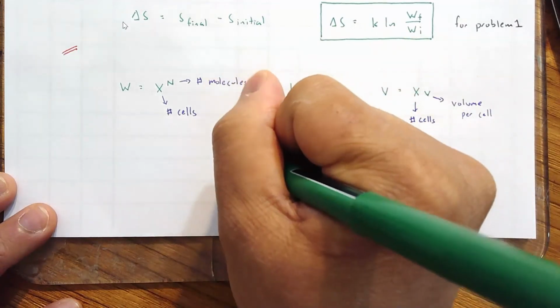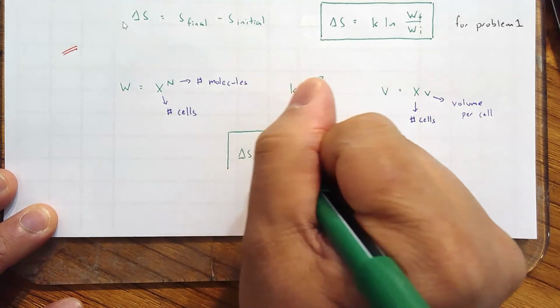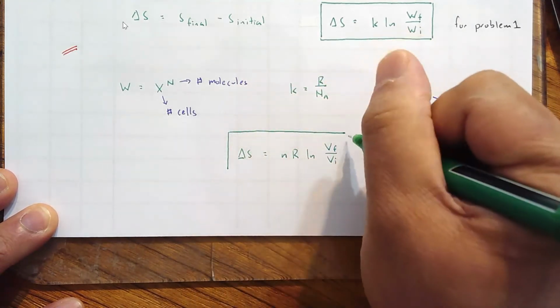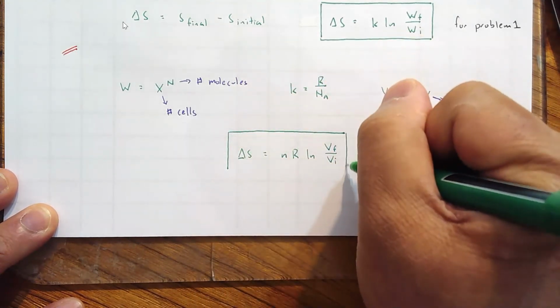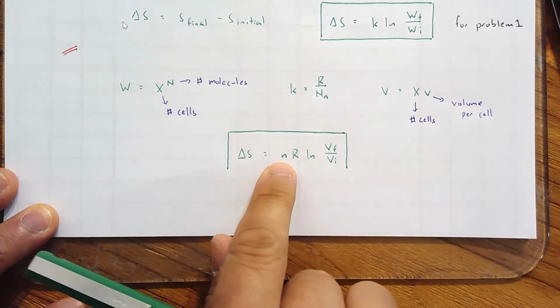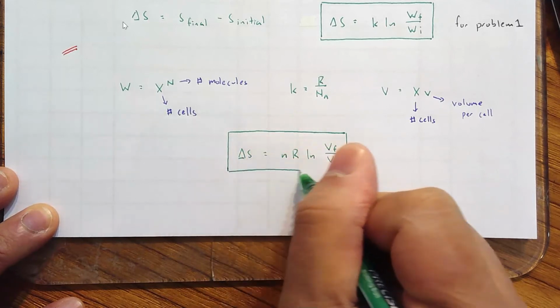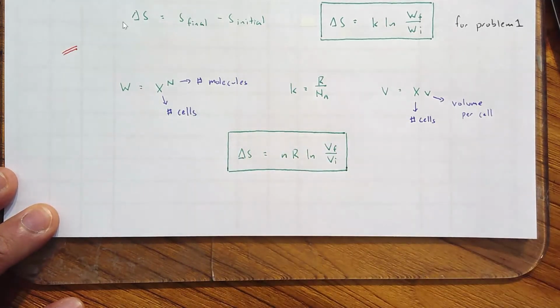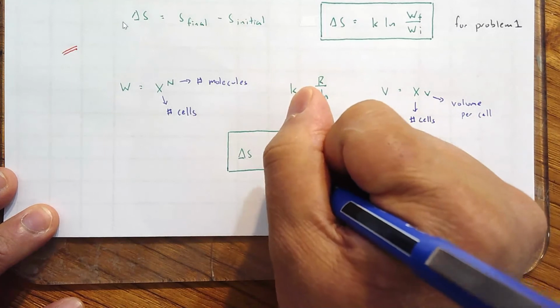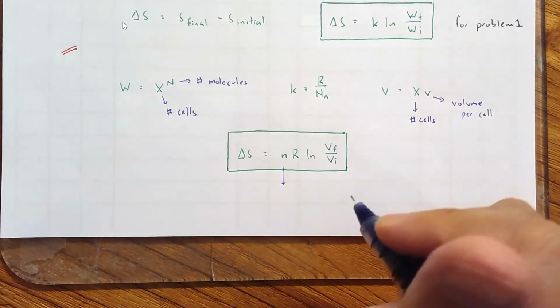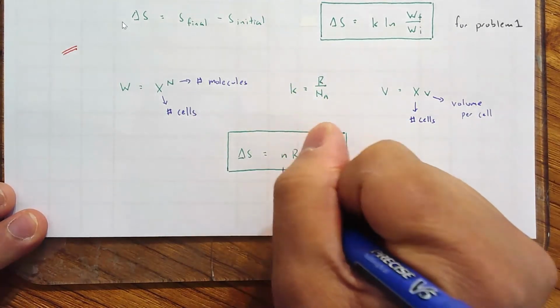And if you recall problem number 2, we have V final and V initial, and we have the number of moles, n. So everything is there for us to do this calculation as well. Let us label what these variables are. Number of moles.